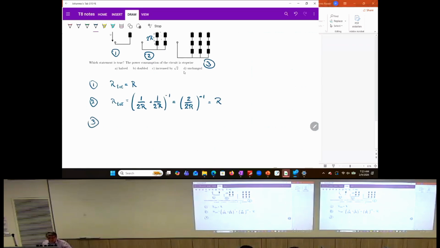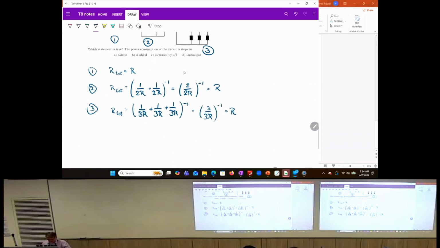And in the third problem, you have the total by taking three resistors in series and then switching three of these series connections in parallel. So then you have 1 over 3R plus 1 over 3R plus 1 over 3R. And you take the inverse here. So it gives you (3 over 3R) to the minus 1, which is R.